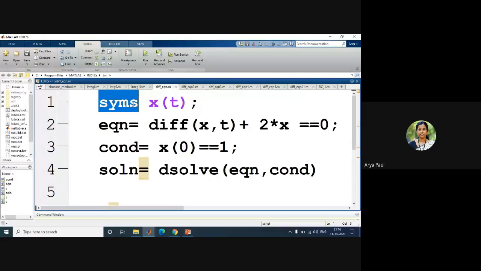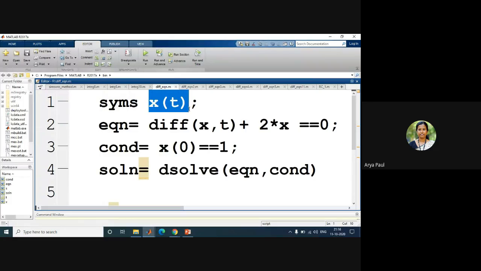Suppose the square root of 2: you would normally get some decimal floating point value, but in MATLAB with syms it will be displayed as 2 raised to 1 by 2. What is 2 raised to 1 by 2? It is actually root 2, isn't it? That's a symbolic representation. So here also we are going for syms. Using syms, you are representing x of t.